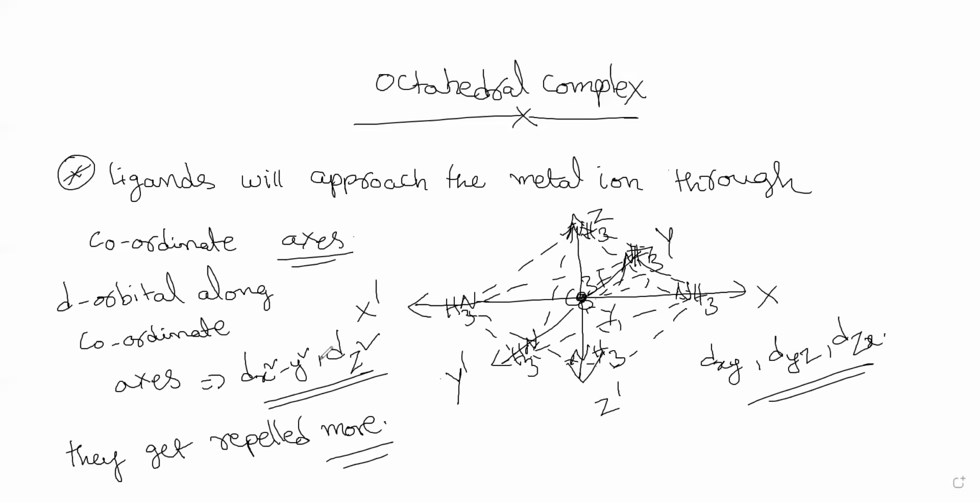They will not be repelled as much as these. So the d orbitals will be split into two pieces. The five d orbitals we write like this. They are split into two different sets. The first is called T2g, and this is Eg.